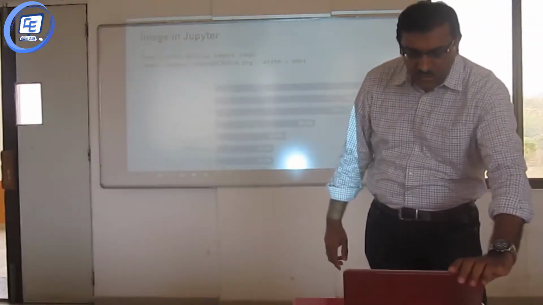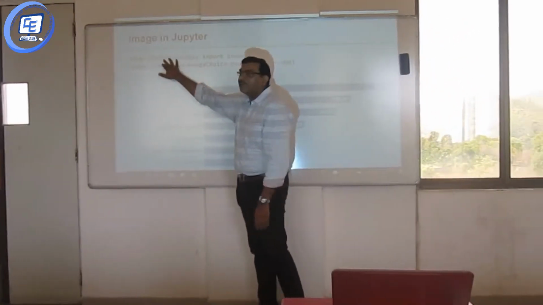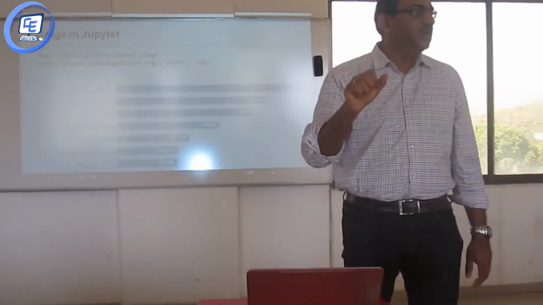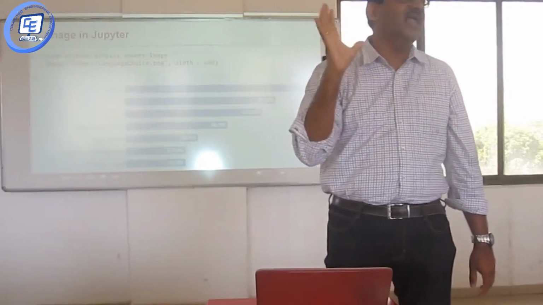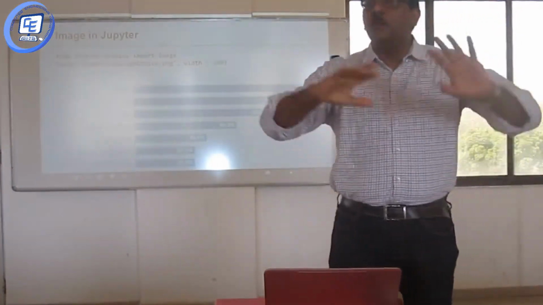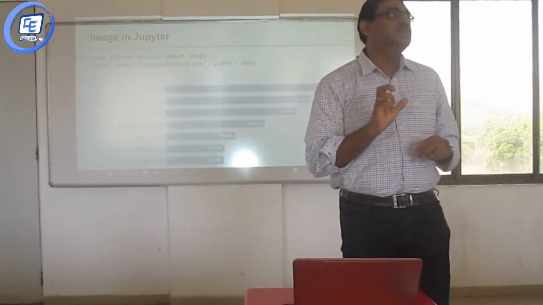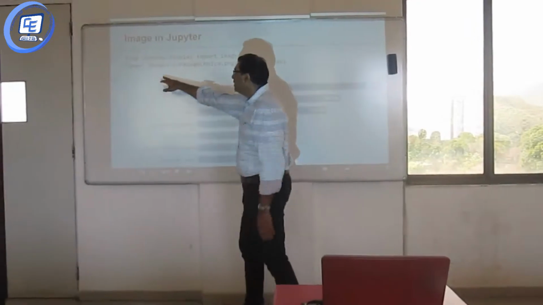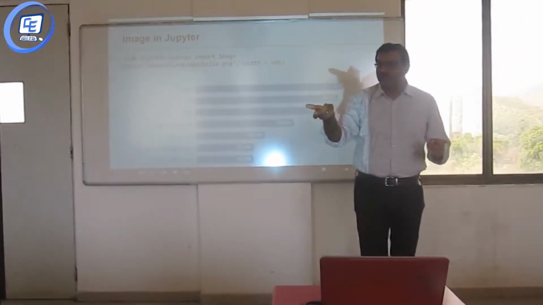Okay, so what did we do to display the image over here? So from IPython, so IPython is a package built into Python. IPython stands for interactive Python. From IPython.display, so IPython.display is a module in Python which has multiple components. From there we are only importing the Image class, and Image of, in quotes, just specify the path of that image.